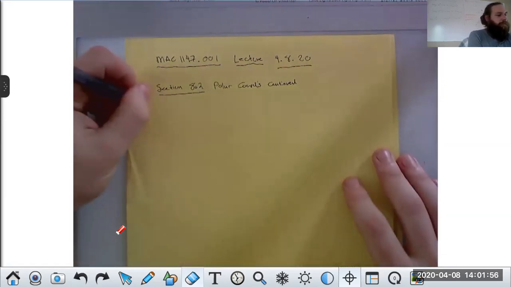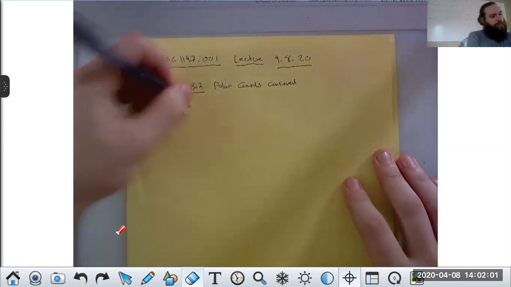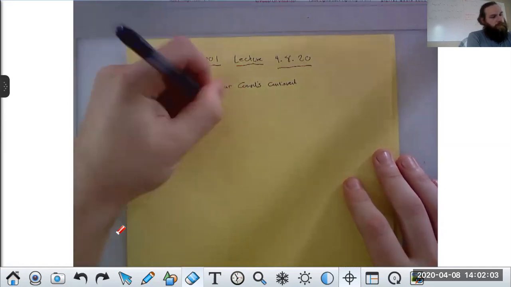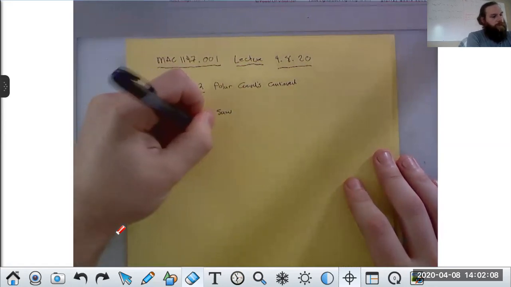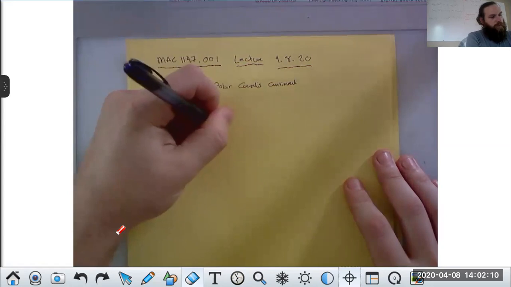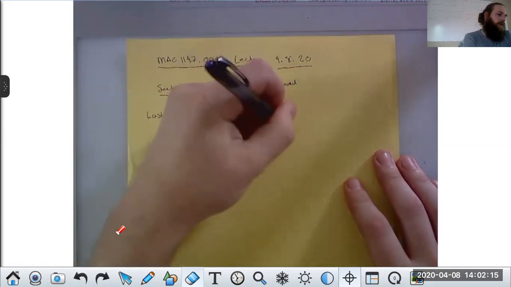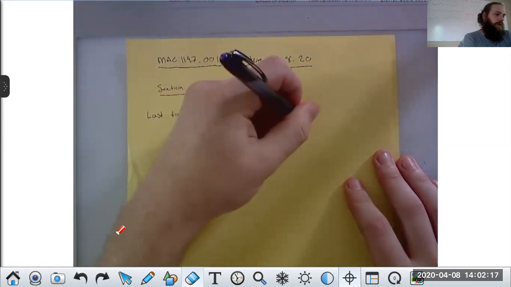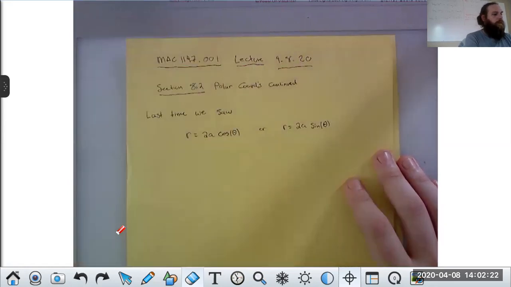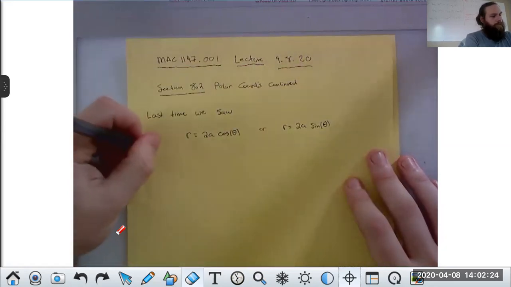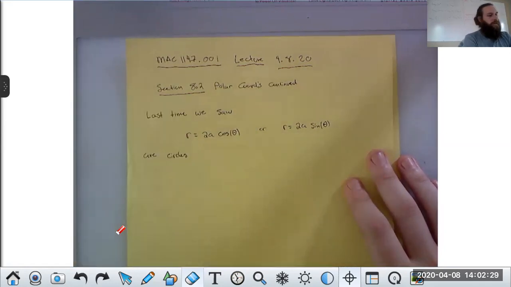So last time, we saw that r equals 2a cos theta, or r equals 2a sine theta, that these are circles of radius a when we graph them in polar coordinates.